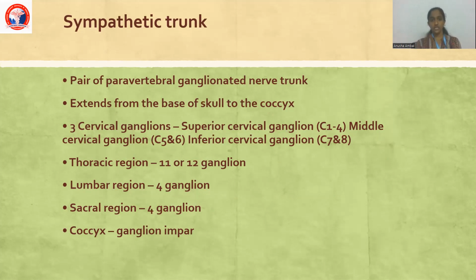So in the cervical region there are 3. Thoracic is either 11 or 12. Lumbar and sacral there are 4. The coccyx has the ganglion impar. The ganglion itself is named. Cervical ganglia also has names like the compilation of C1 to C4 is superior, C5 and C6 alone is middle, C7 and C8 nerves relay in the inferior cervical ganglia.